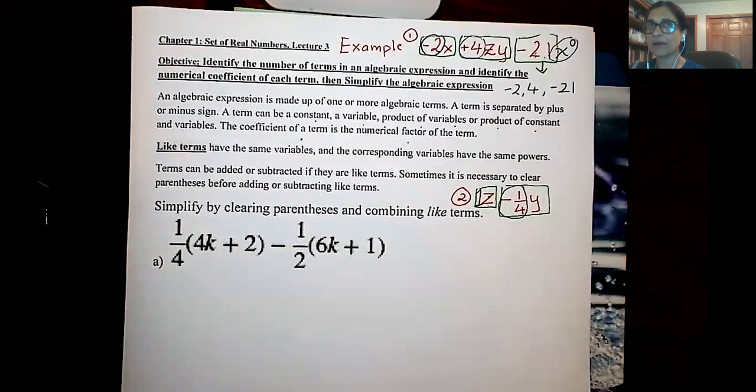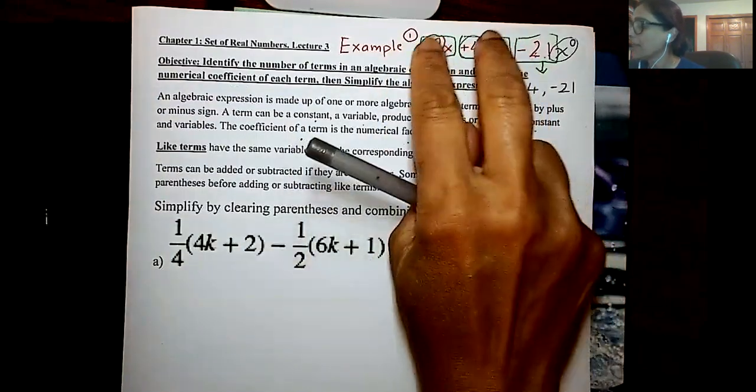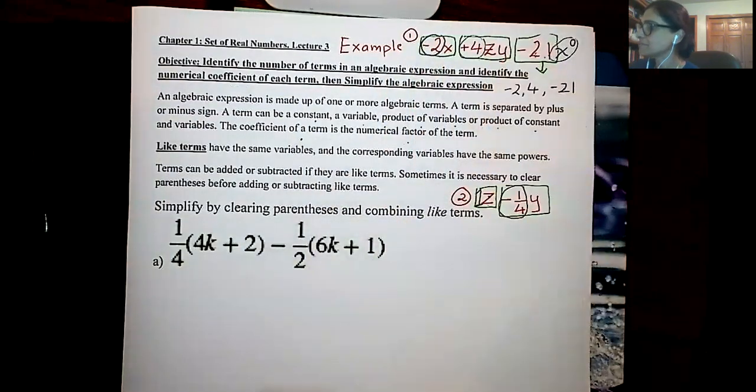So, two things. What is an algebraic expression? It could be a number, which is called a constant, or it could be a number multiplied by one variable or by several variables. Algebraic expressions are made up of terms, and each term is separated by plus or minus sign.